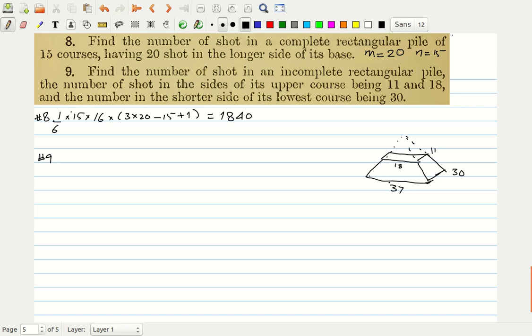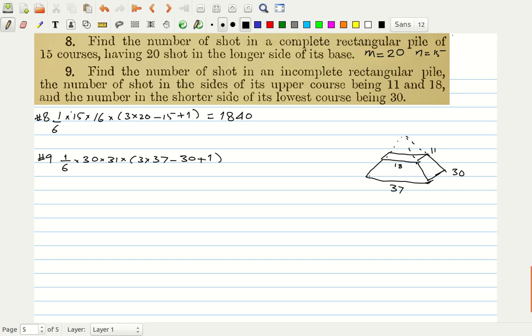In that case you can think that the number of balls are going to be 1 by 6 times 30 into 31 into 2 times 30 plus 1 is 30 into 31 into 3 times 37 minus 30 plus 1. So this is the number of balls if we consider the complete pyramid.